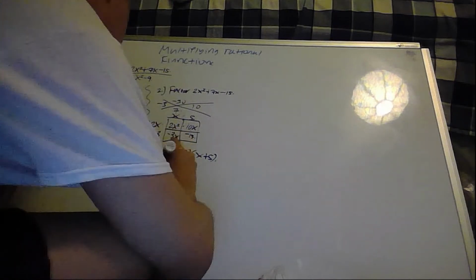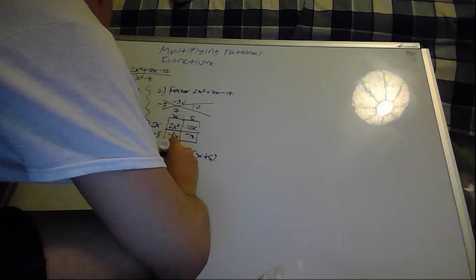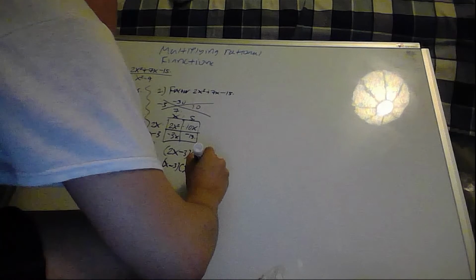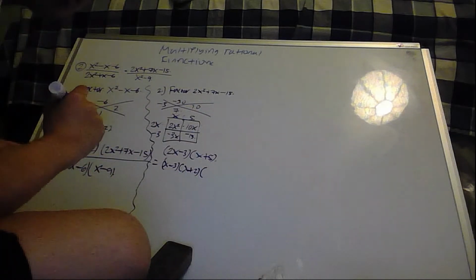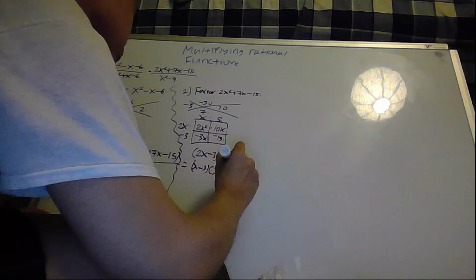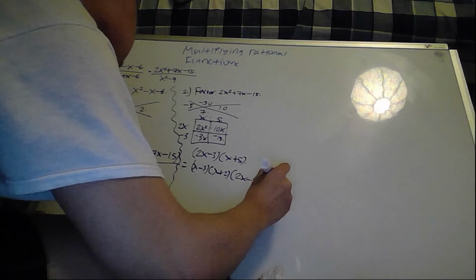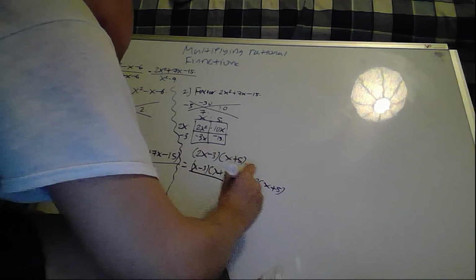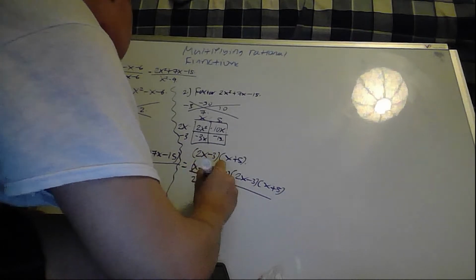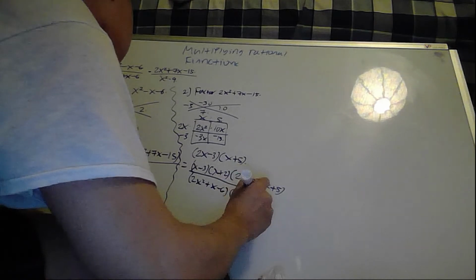So that changes our function to x minus 3 times x plus 2 times x minus 3 times x plus 5 over 2x squared plus x minus 6 times x squared minus 9.